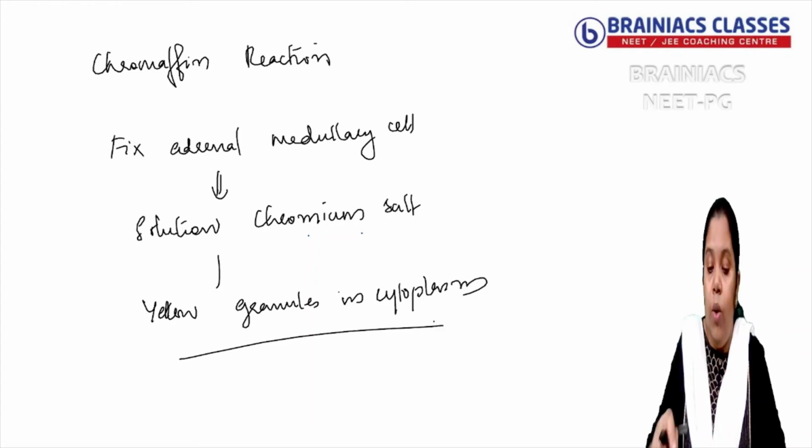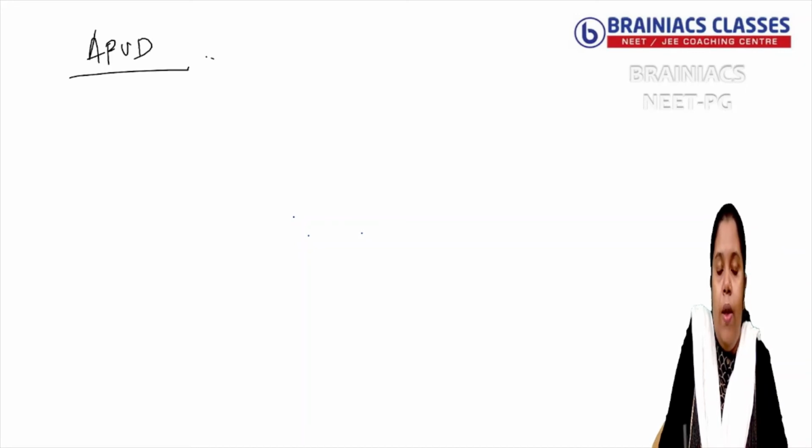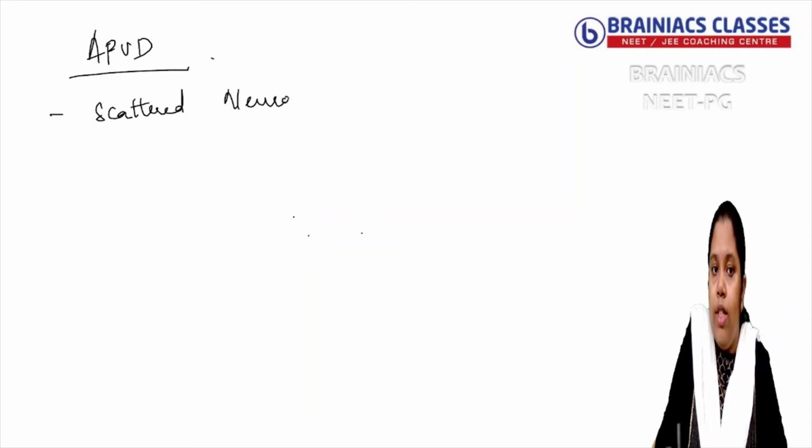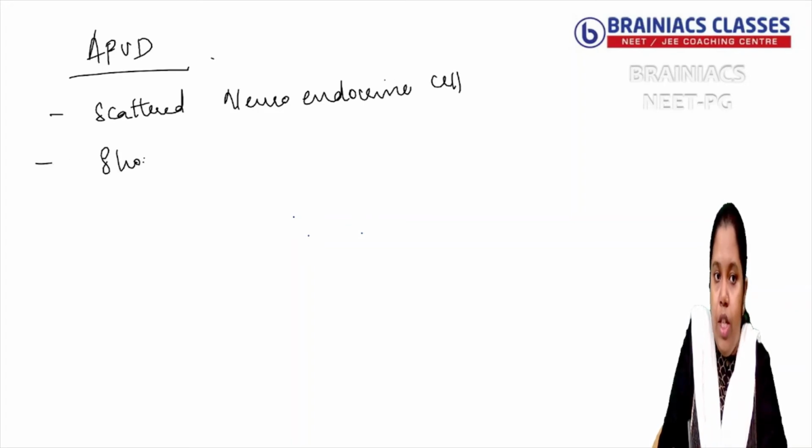Now, what are Apud cells? These are scattered neuroendocrine cells which show chromaffin reaction.